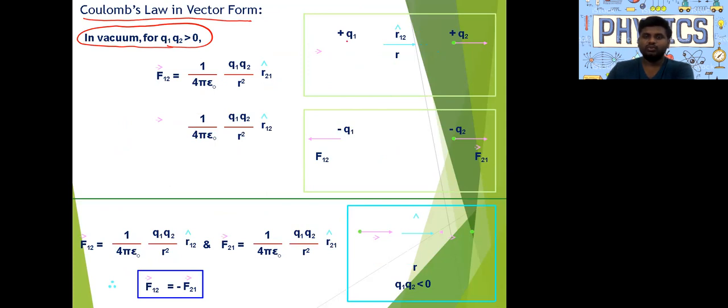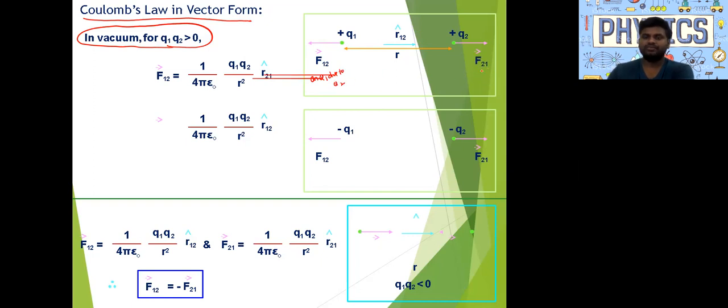We are taking two electric point charges, plus Q1 and plus Q2, separated by the distance R. Definitely these two are the same charges, so there will be a repulsion force. That repulsion force is F12 in this direction. F12 is the force on Q1 due to Q2.